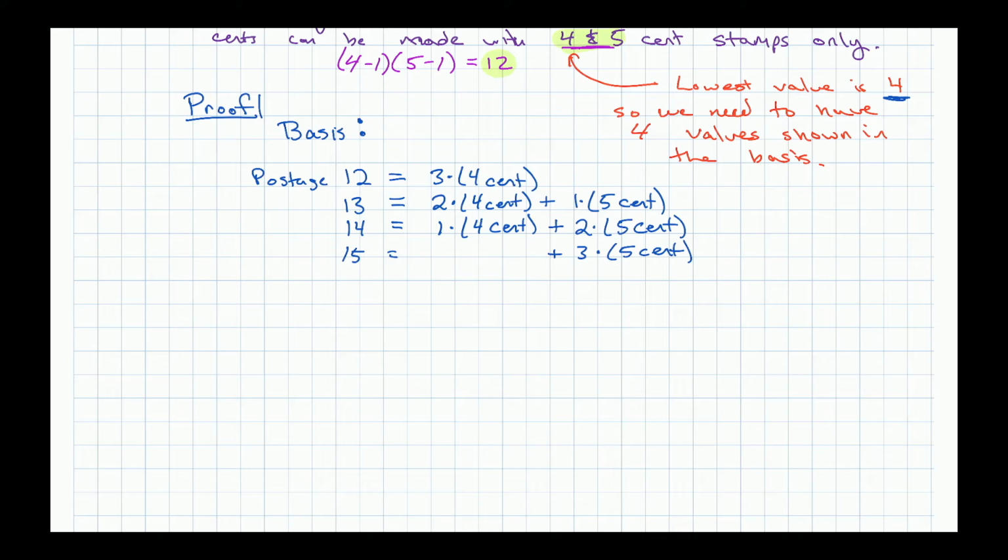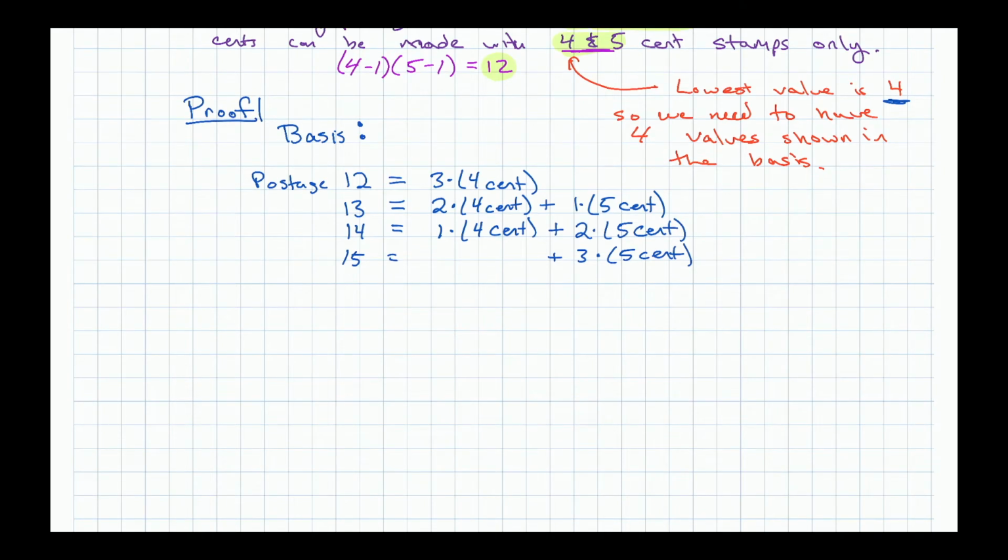And there is usually a pattern on these, but it's not the same pattern on every single problem. So don't worry about the pattern usually. But you can see what's happening here is that we went from 3 4s to 2 4s to 1 4s to 0 4s. And for the 5-cent stamps, we have 3 and then 2 and then 1, and then there was none when we started.